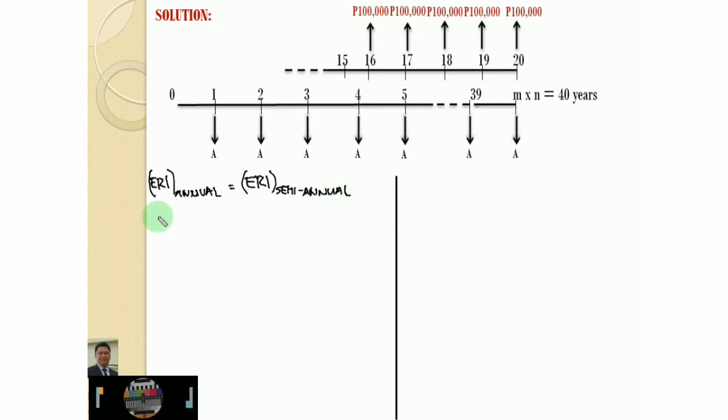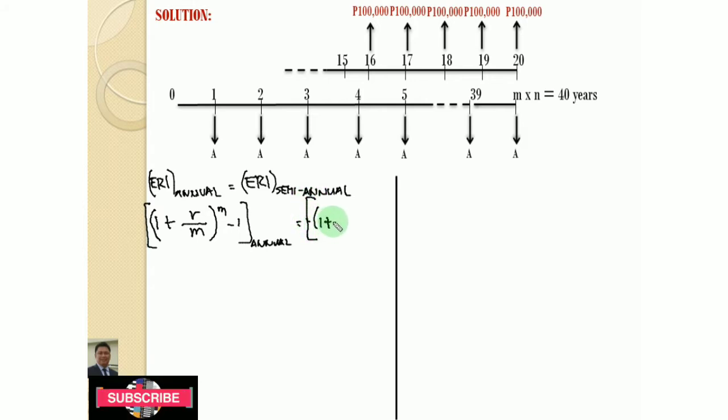So from the formula, we have 1 plus the ratio of r over m, and then we raise this to the m minus 1 for this annual, okay? Which is just equal now to 1 plus the ratio r over m raised to the m minus 1 for this semi-annual, okay?